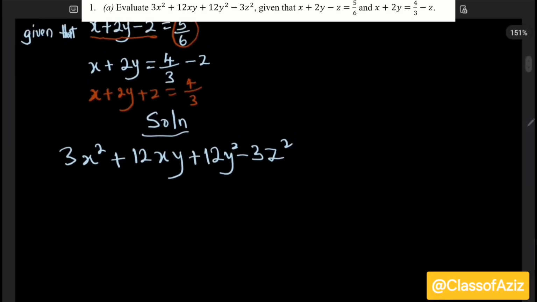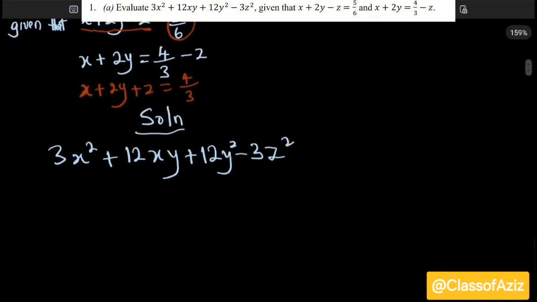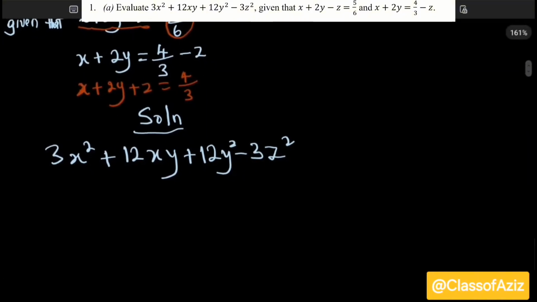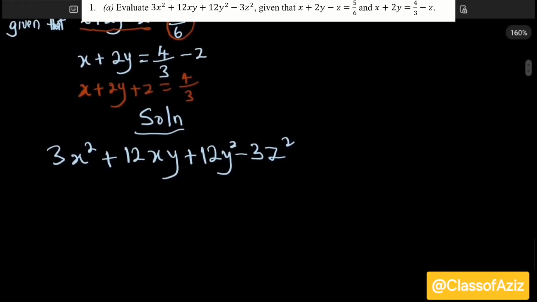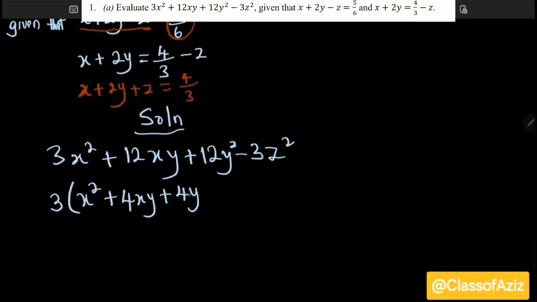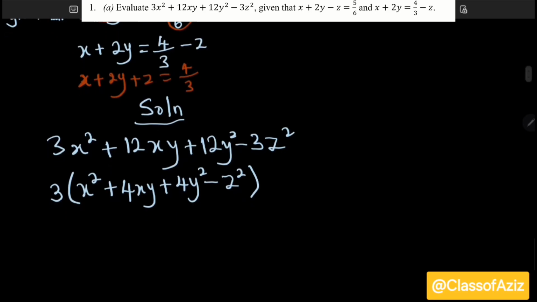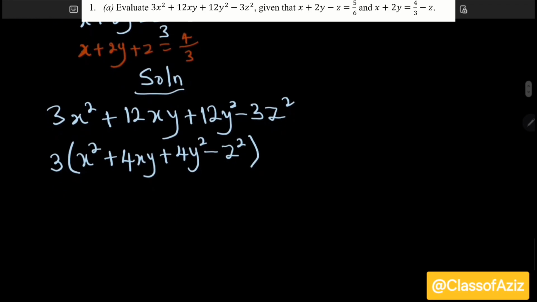To solve this, we are going to factorize the 3 out. So we have 3 into bracket x squared plus, we divide 12 by 3 to give us 4xy, plus 4y squared, minus, we take away the 3, so we have z squared, bracket close.